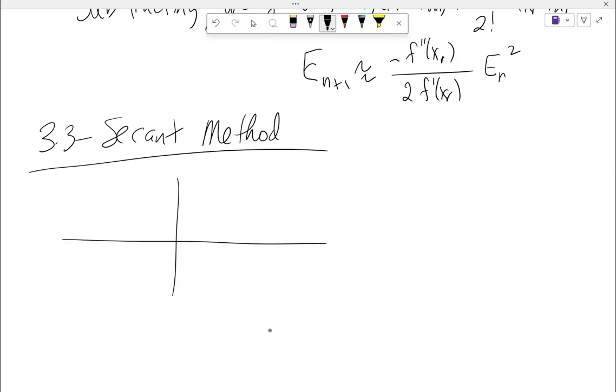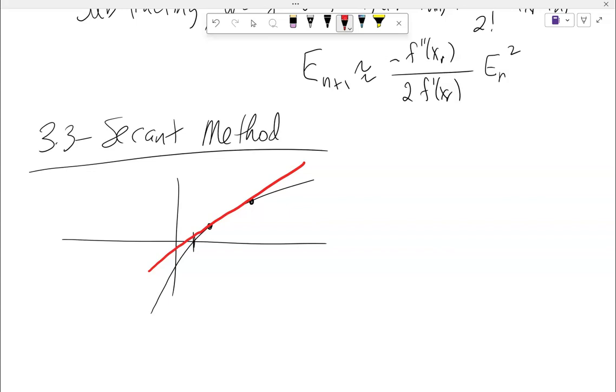just to draw a quick picture here, if I have a function and I'm trying to estimate this root, well, I might choose not 1, but 2 points to start with. And connect the dots, like so. Didn't draw the best picture, but that's the idea.